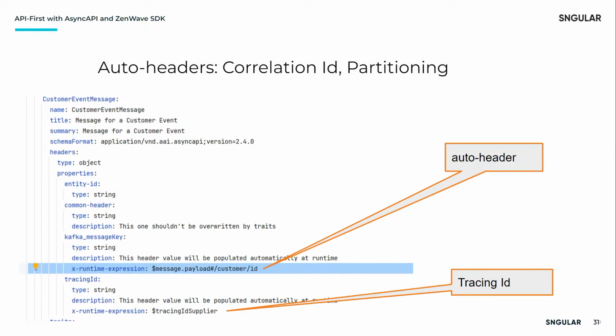So this is very nice for doing partitioning in Kafka. And for tracing ID, you can also have this expression, tracing ID supplier, which means that it's going to look in your Spring Boot context for a supplier, an object that implements the supplier interface, that is going to provide the ID for a global transaction ID.